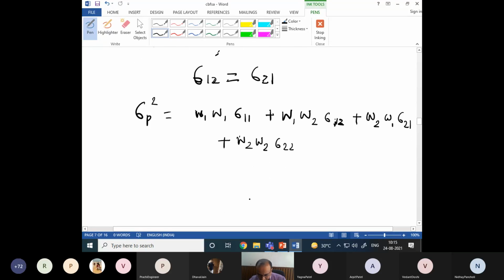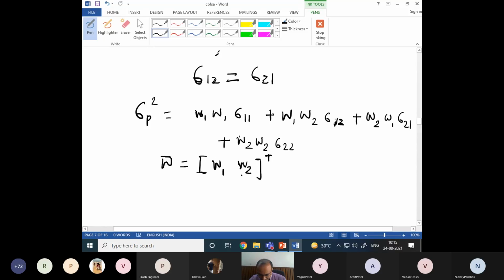And now I define the vectors and matrix like this. Let me define the vector W. Remember, this is vector W, having two elements, W1 and W2. Whatever I write with the bar sign is a vector, and in the slide it is written with bold letters, and I write the transpose sign.